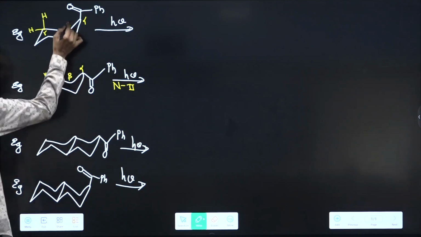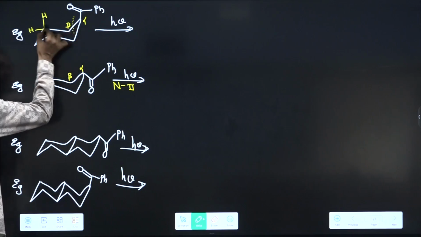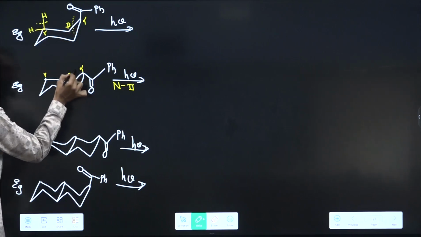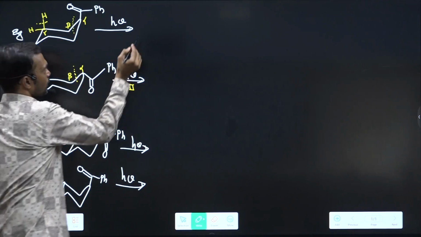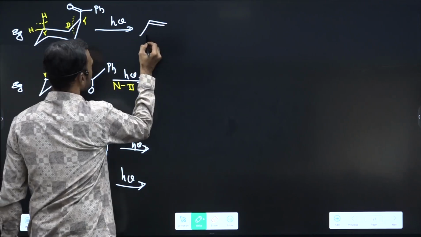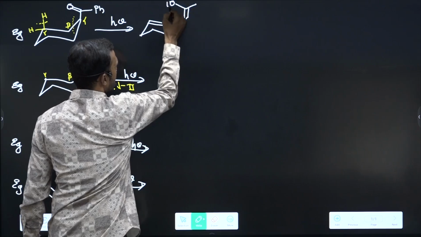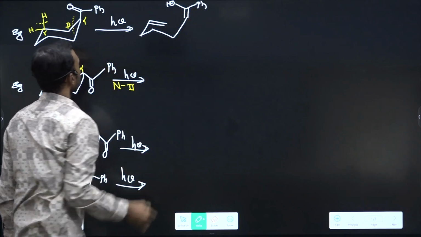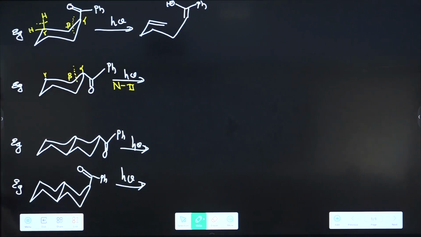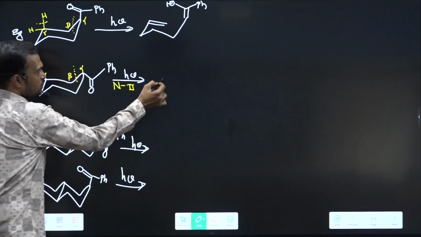Break it, alpha, beta. Remove this. Can I put double bond between beta, gamma? Here it is OH and this is pH. Here also same. Answer remains same.